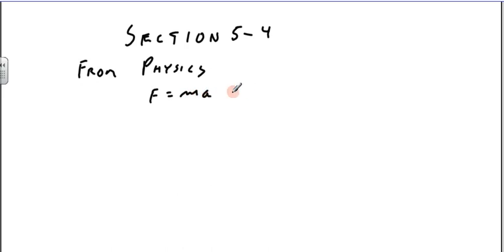And we also know that on a spring, force is equal to kx, where k is the spring constant. And we also know that acceleration is the second derivative of position. So those are things that we know. So for a spring, the second derivative of position is going to equal kx.